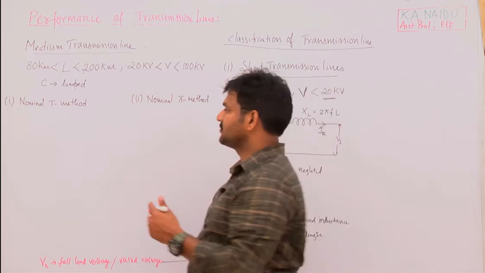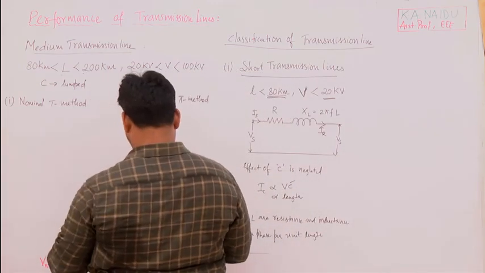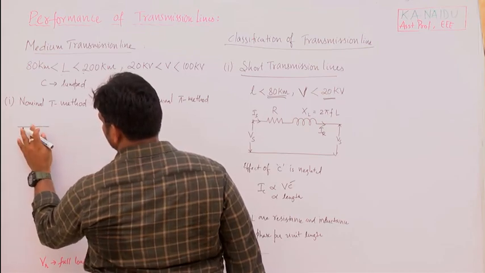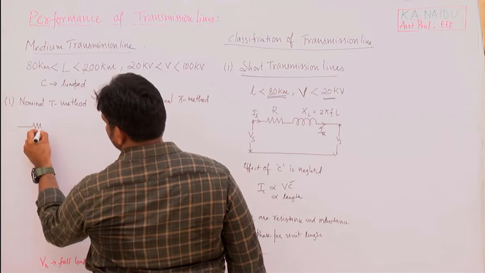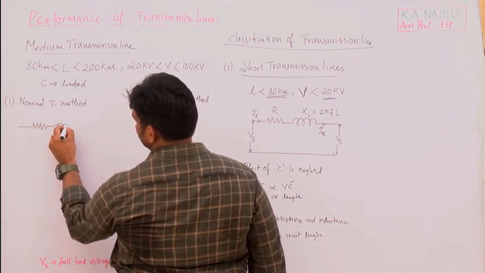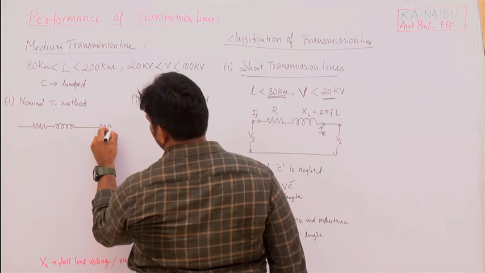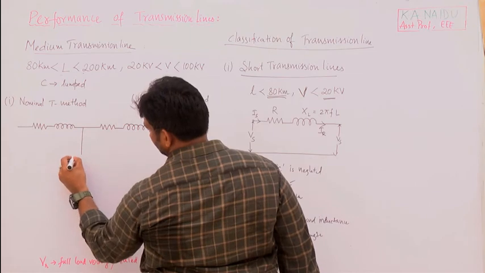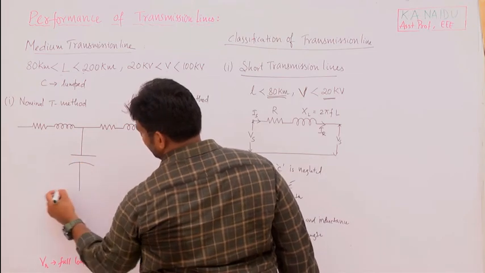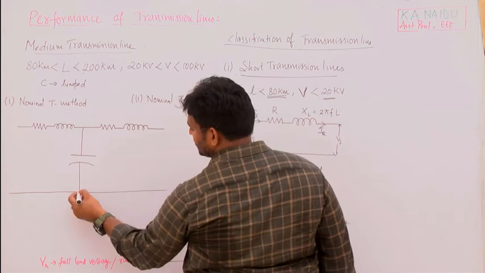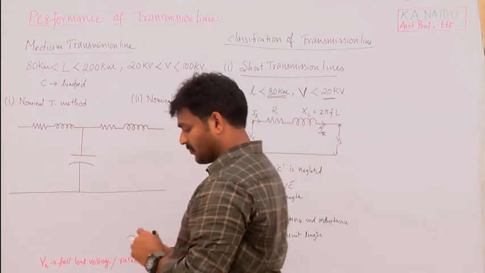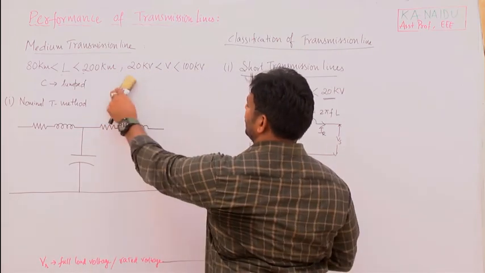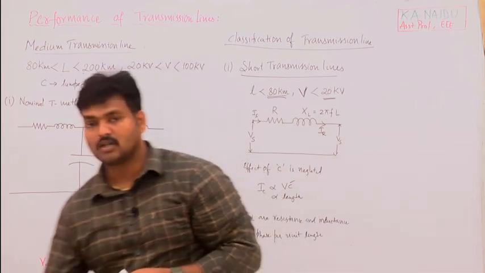So in a nominal T method, the series impedance is divided into half between the sending end and receiving end, whereas the shunt capacitance is assumed to be lumped at the center. As the symbol indicates clearly, it is in the shape of a T. So this is called the nominal T method.